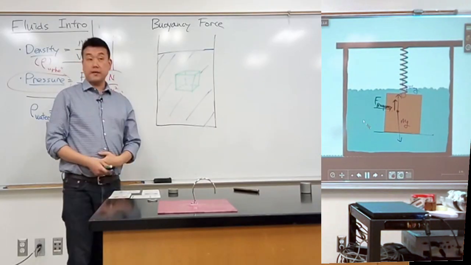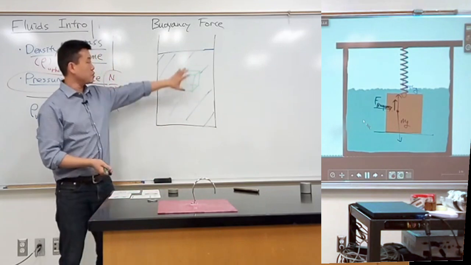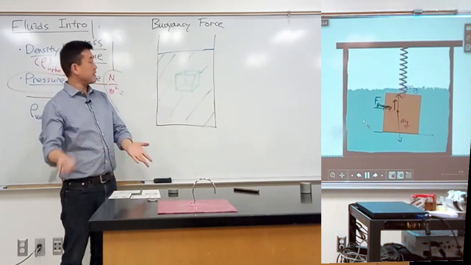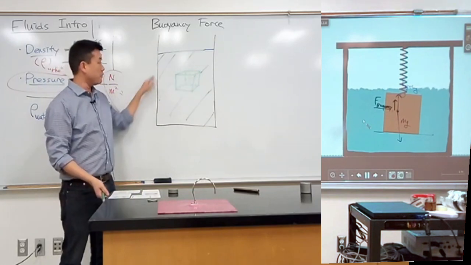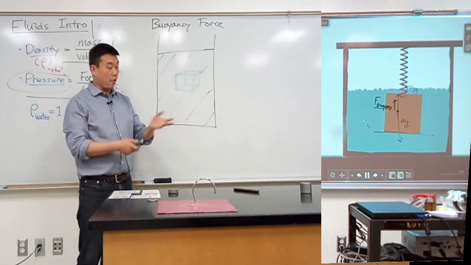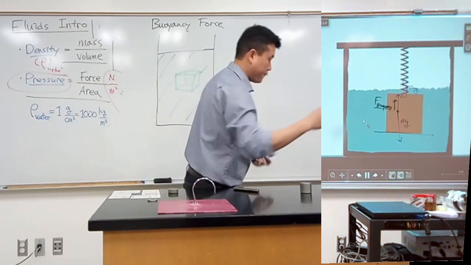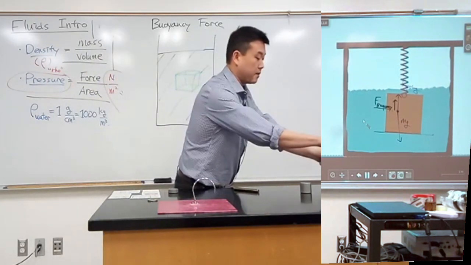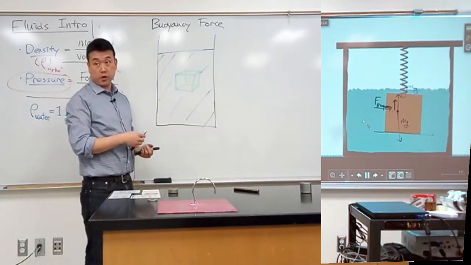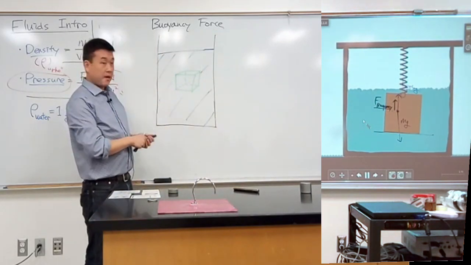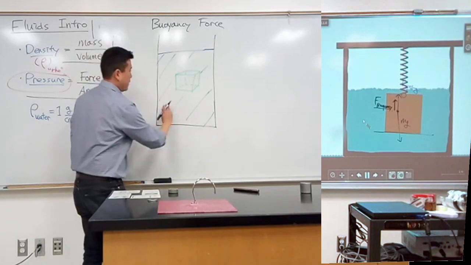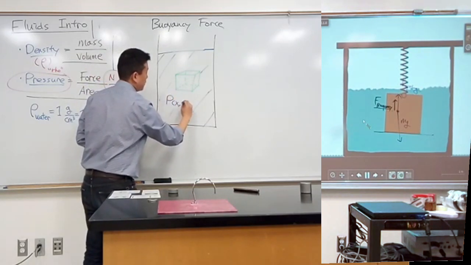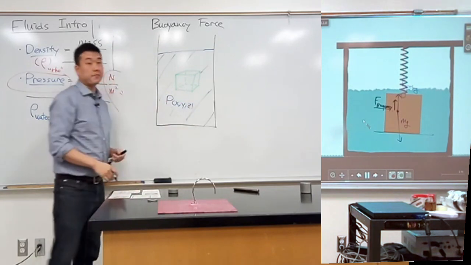So this is the question we were asking last time. What could be exerting force on this object, other than gravity? The thing that's touching this object is the liquid around it. And a way to express the force due to the liquid around it is first to describe pressure in the liquid around it. Before we went into break, what I wrote down was pressure as a function of position, x, y, and z.